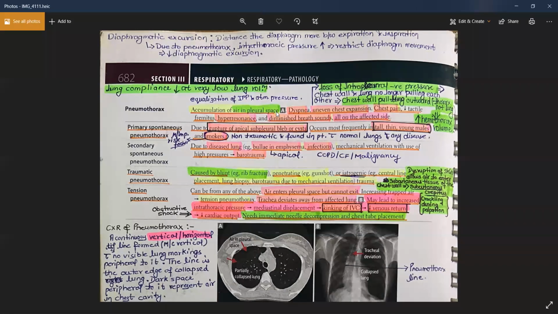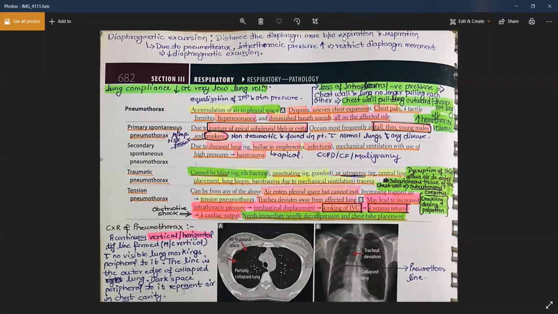If this negative pressure on my pleurae is lost, then my alveoli will collapse again. Because of the increase in pressure and loss of negative pressure, all of my alveoli will collapse. What you will get is dyspnea and uneven chest expansion, because the part where the air is present cannot expand properly.